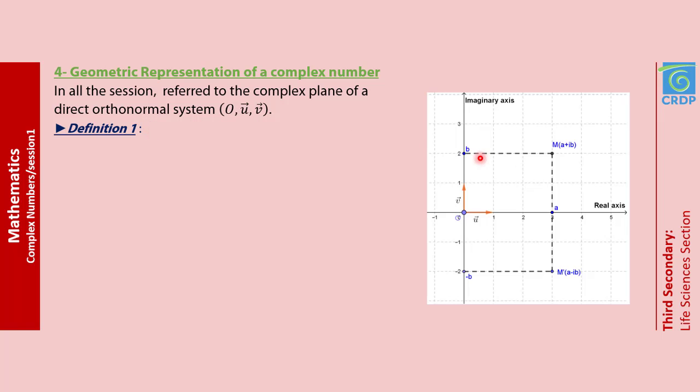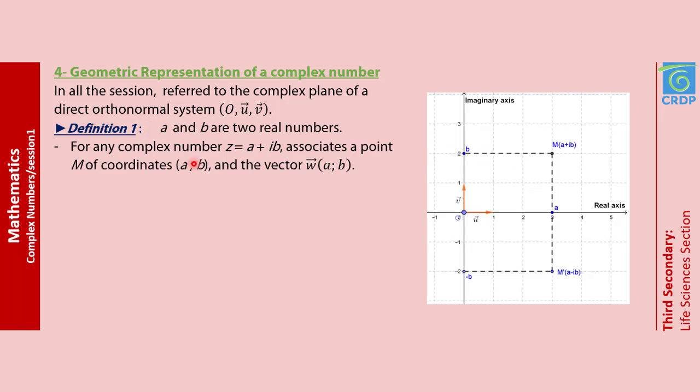By definition, if a and b are two real numbers, to each complex number z equal a plus ib, we associate a unique point M of coordinates (a, b) and a vector w of coordinates (a, b) also, as shown in the figure, where a is the abscissa of the point M and b is the ordinate of M. M is called the image of the complex number z.